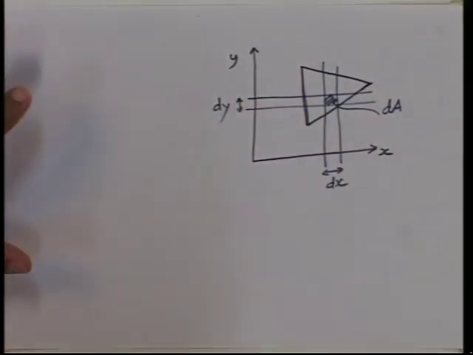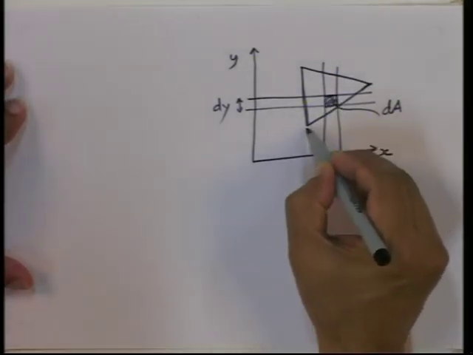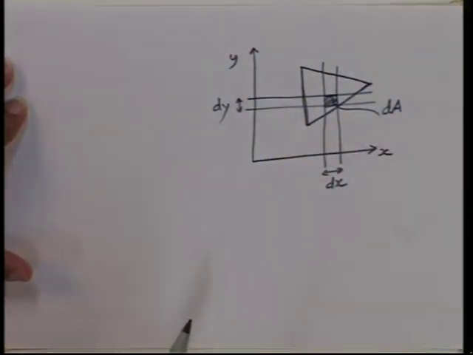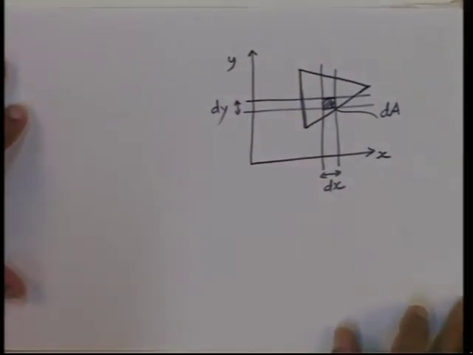So, how do we integrate over this area, because I have to integrate the function over this area? It is not a very convenient way. Had it been a rectangle, with the sides parallel to x and y, it would be easier to integrate.